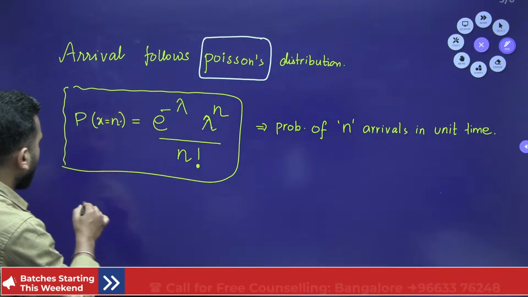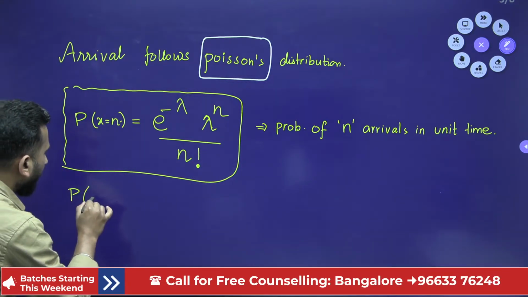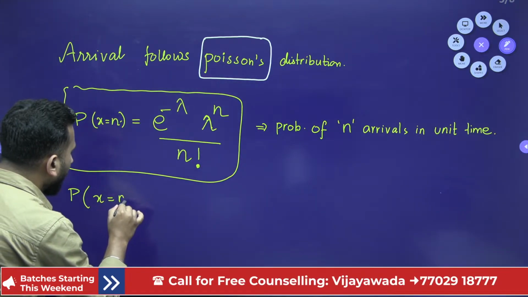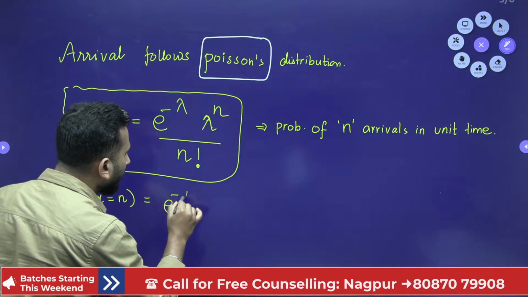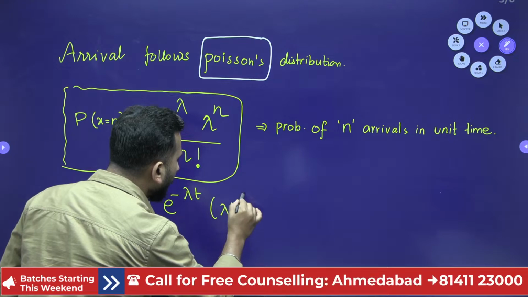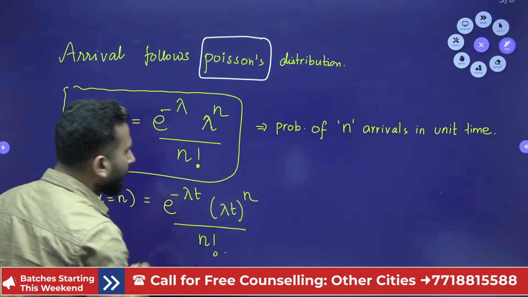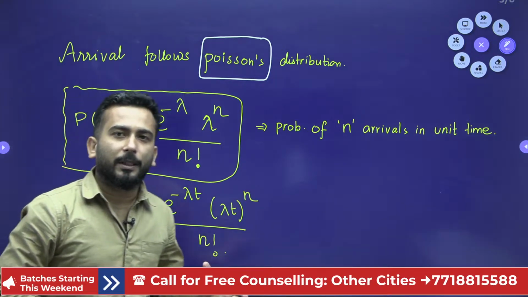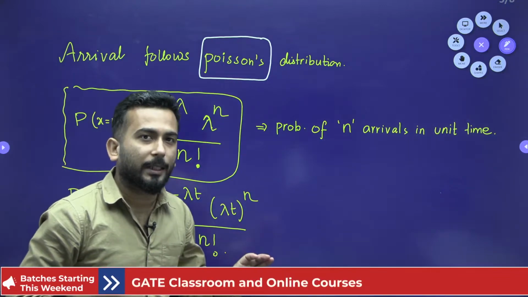Yes, so this is giving you the probability of n arrivals in unit time. Now, my dear friends, I am writing another formula. What is this formula giving? Most of you would see this formula for the first time. Why?